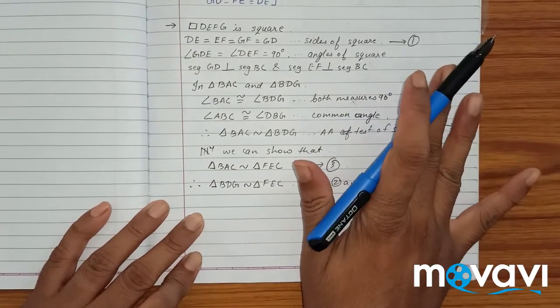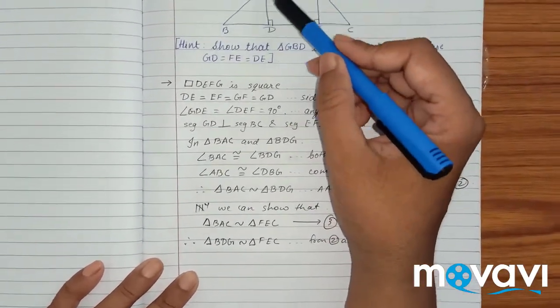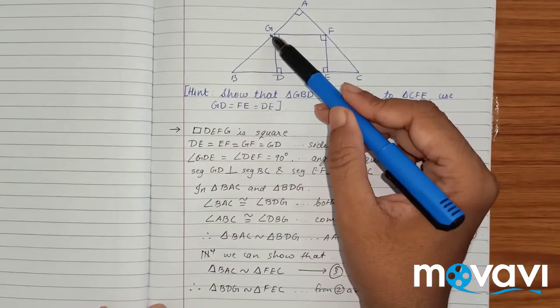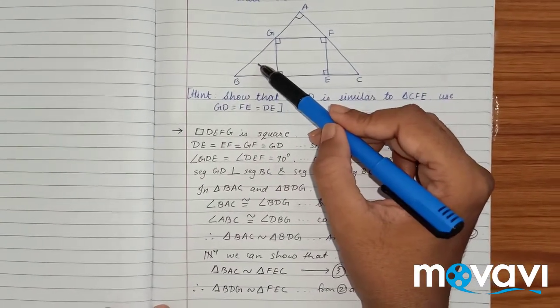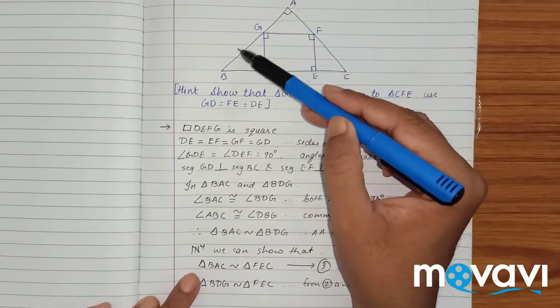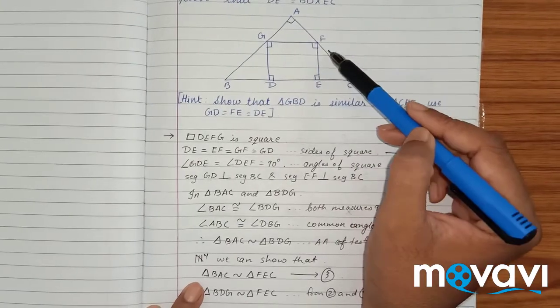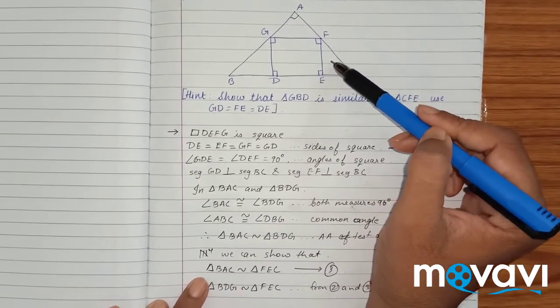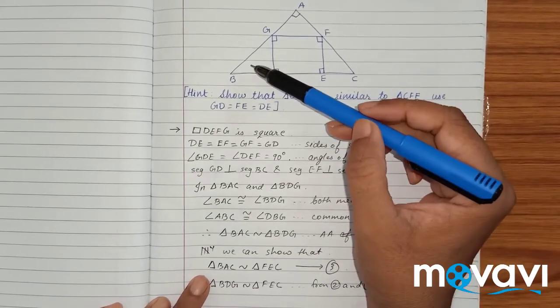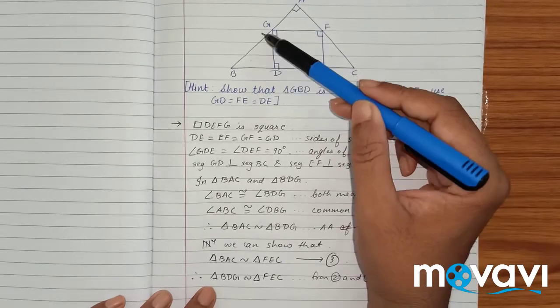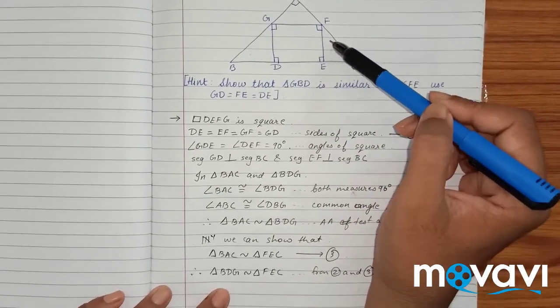See, first what I did is, this bigger triangle ABC, I have shown it similar to BDG, this triangle. Then I have written, similarly we can show that triangle ABC is similar to this smaller triangle on this side. Now using transitivity, I have shown that BDG is similar to FEC.